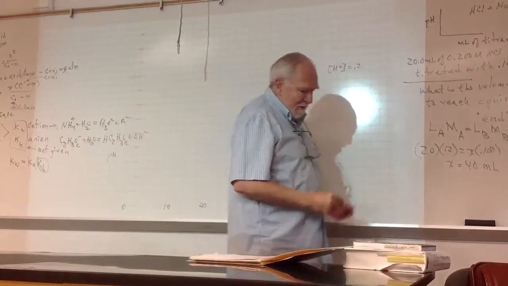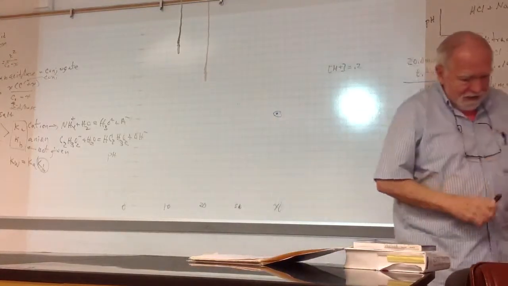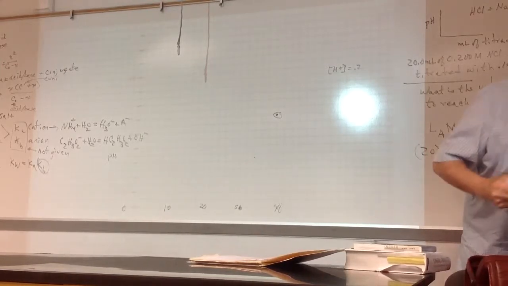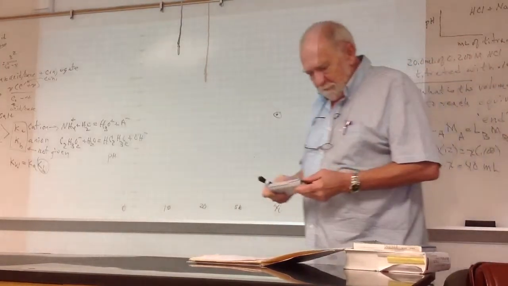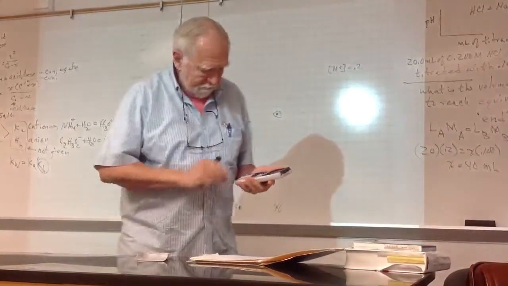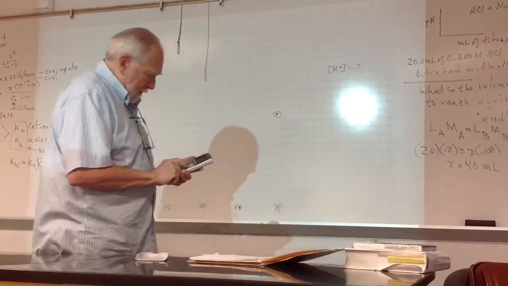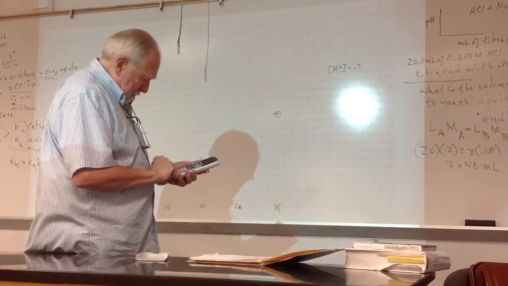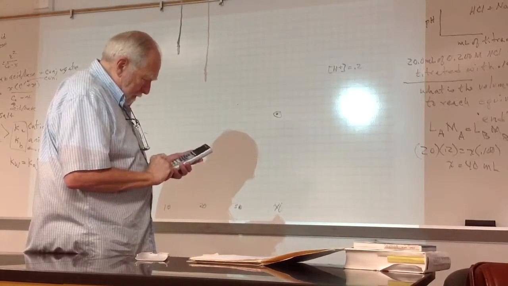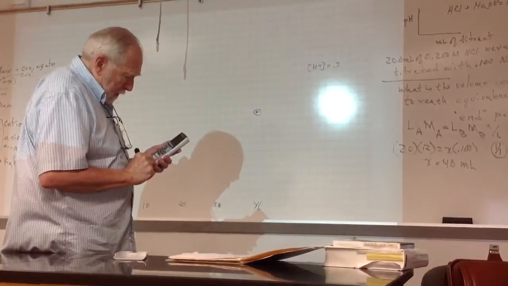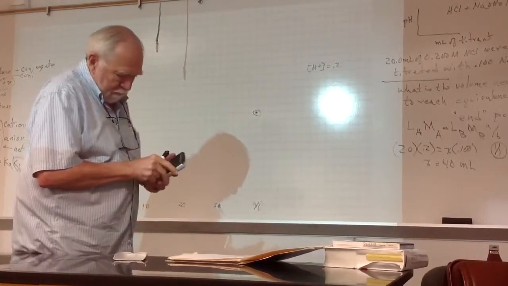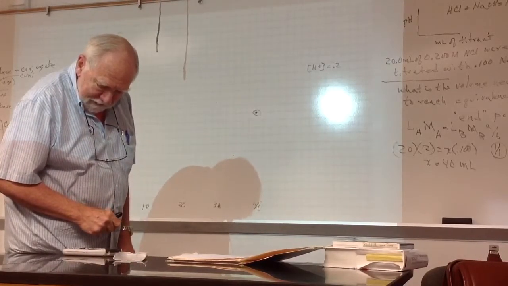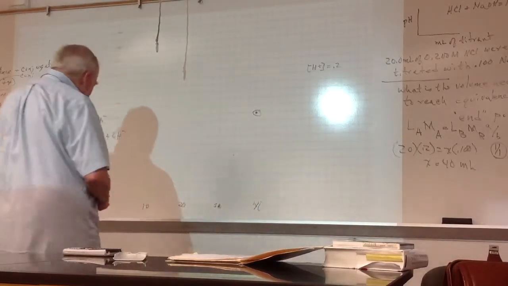And then you get your calculator out, you say the pH is about 0.7, minus, calculator says minus 0.698 or something, so about 0.7.